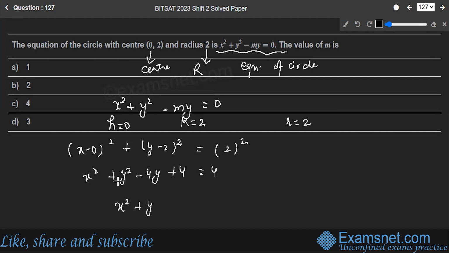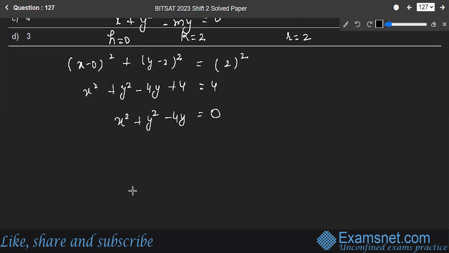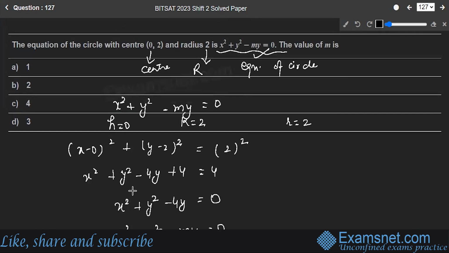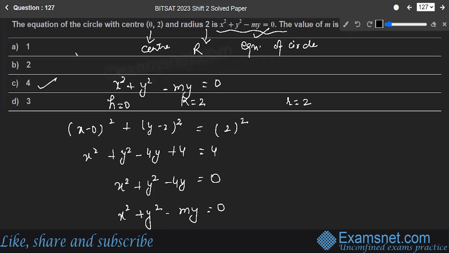Or you have x squared plus y squared minus 4y is equal to 0. If I compare it with the given equation, x squared plus y squared minus my is equal to 0, you have value of m as 4. So you have option C as the right answer. Hope you understood that. Let's move to the next question, number 128.